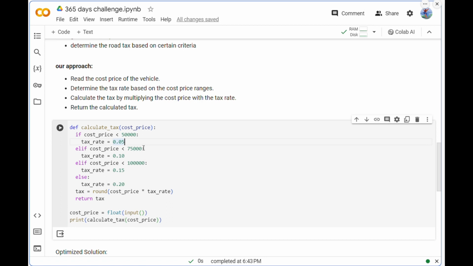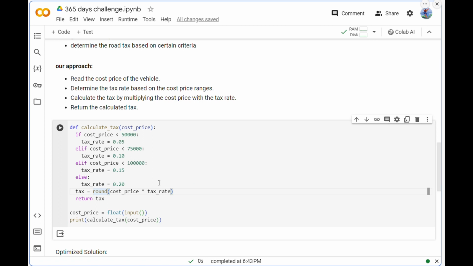Else if it is less than 75, then we will charge 10%. If it is less than 1 lakh, then we will charge 15%. And at the end, if the price is greater than 1 lakh, then we will charge a direct 20% tax. Now whatever tax rate we get, we will round the result.